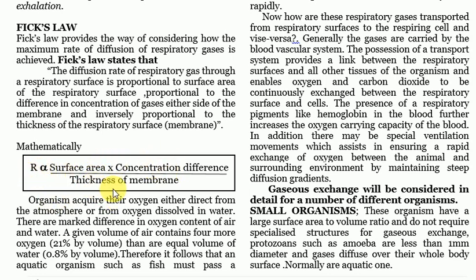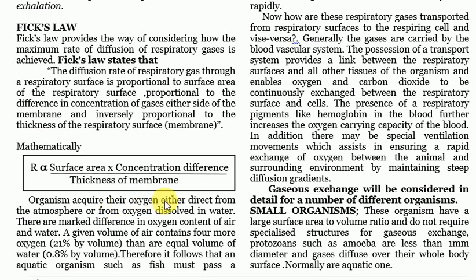And if we increase the thickness of the membrane, we are decreasing the rate. So this is very important. The respiratory surfaces should be equipped with adaptations having higher surface area and higher concentration difference. The adaptation should be able to maintain the higher concentration difference, and they should be very thin so as to allow the faster diffusion of gases.